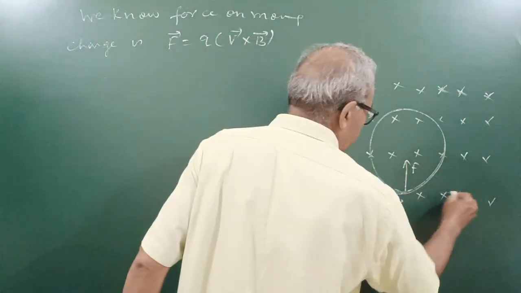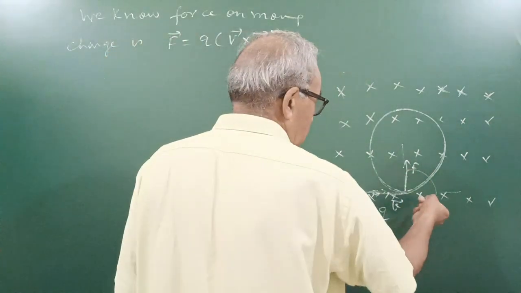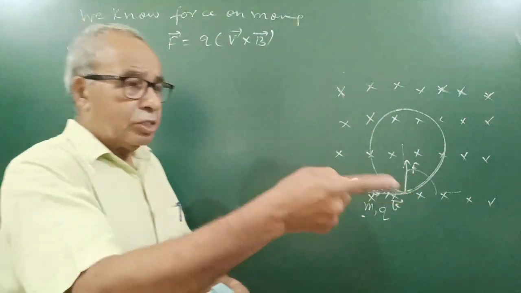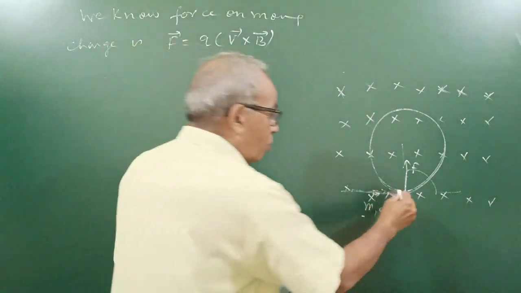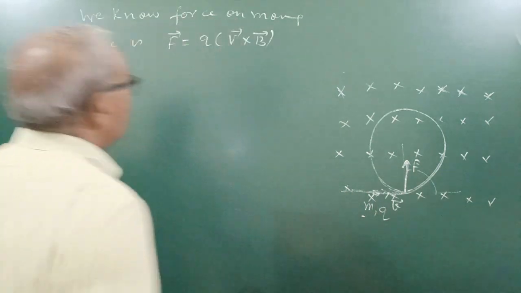This is v, this is B, so v cross B gives an upward force. Direction of force is this way.